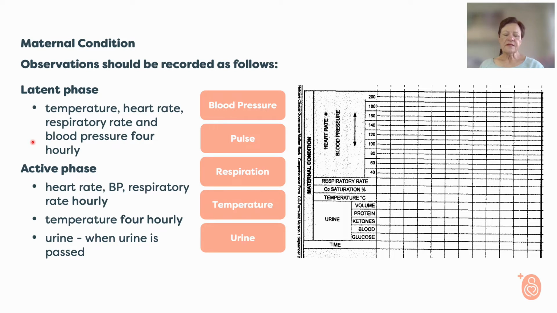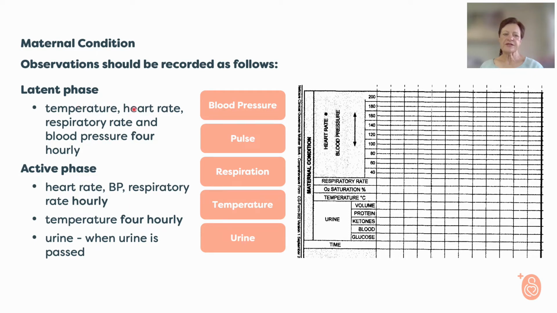The intervals at which we are supposed to record these differ, as we all know by now, depending on whether the patient is in the latent phase of labor or in the active phase of labor. During the latent phase of labor, all of these maternal aspects, if I can call them that, will be recorded 4 hourly.